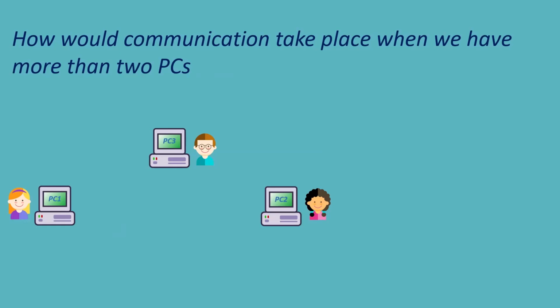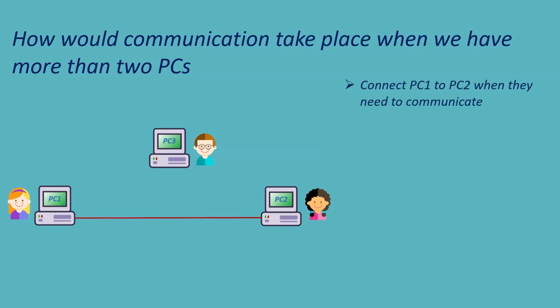Now, in the previous lesson, we discussed two PCs communicating using a single wire. Now, if there's a third PC that comes into the picture and communication needs to happen between these three, let's extend our discussion from the previous lesson to this one. So if PC1 wants to communicate with PC2, it can have a single wire connected to it.